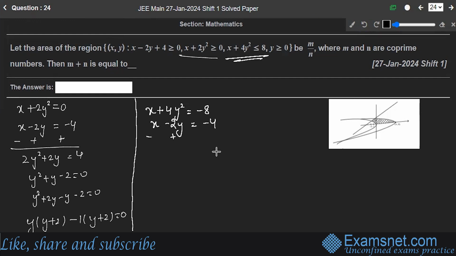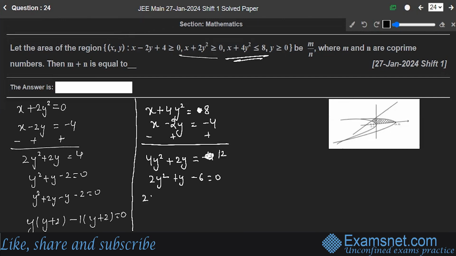Subtracting, you will have 4y square plus 2y is equal to 12. Wait, this was 8, not minus 8, so here it will be 12. So 2y square plus y minus 6 is equal to 0.